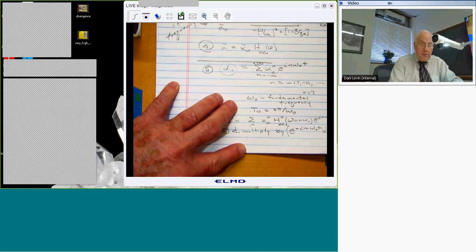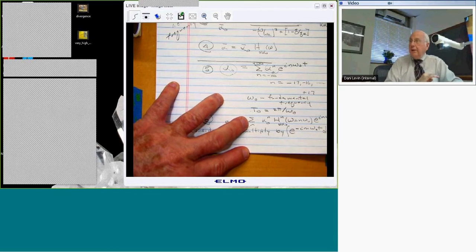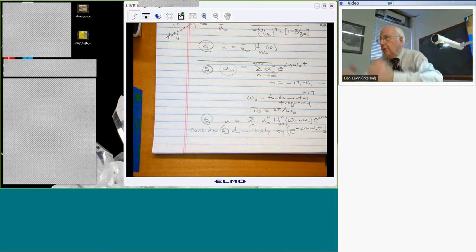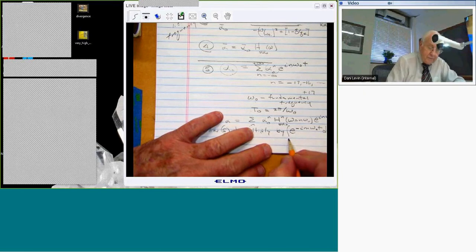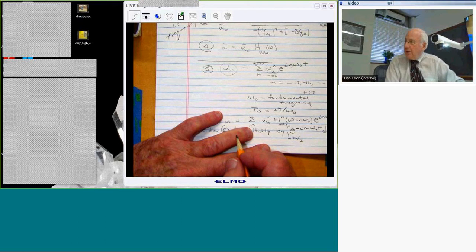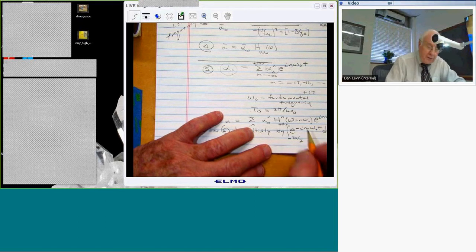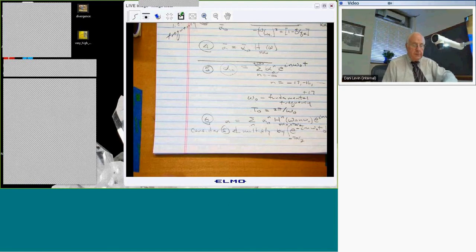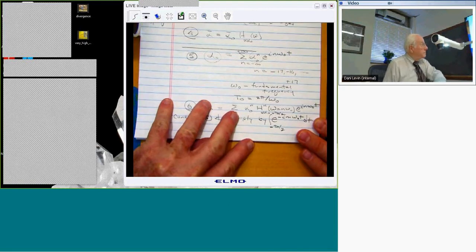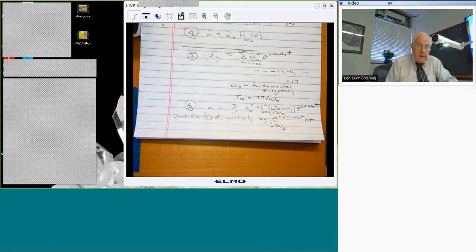The period is T naught, and you can integrate over any period you like, but for aesthetic reasons, we normally integrate from minus T naught over 2 to plus T naught over 2. It also makes the algebra a little cleaner. Okay? Now, how do I know to make this a minus sign?